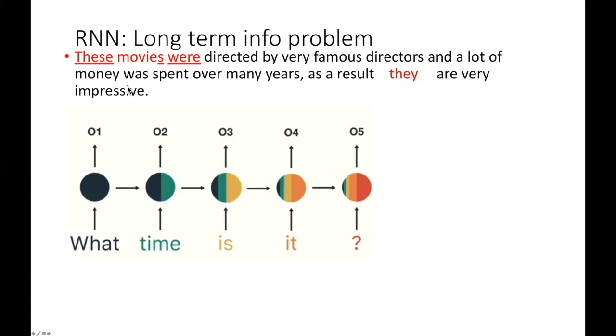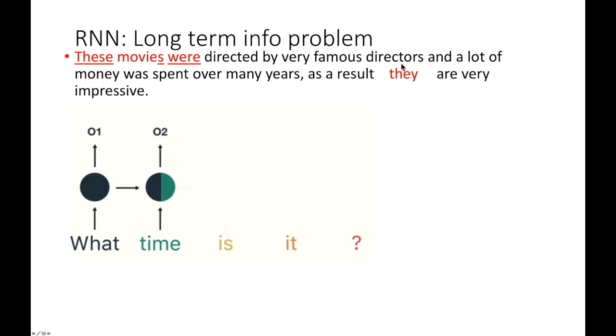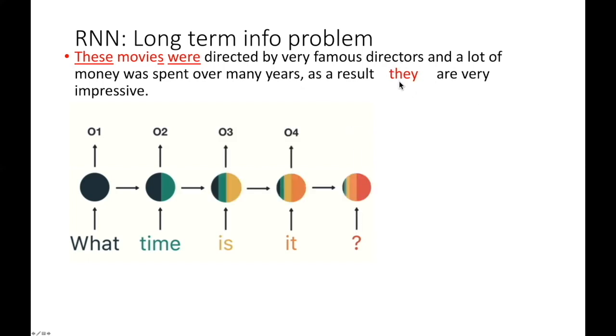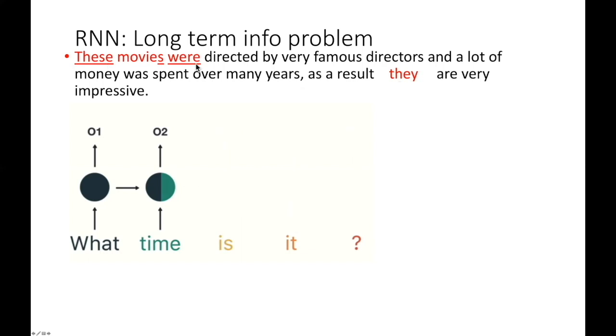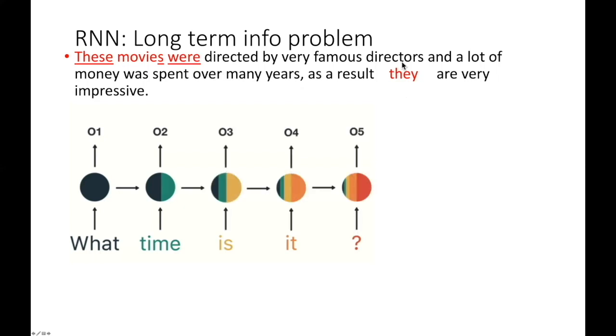Like here, there is a sentence, right? These movies were directed by very famous directors and a lot of money was spent over many years. As a result, they are very impressive. Now, what does this they refer to? They could refer to these movies, or they could refer to famous directors. Now, since we have a good long-term memory, what we are able to determine is that they refers to these movies here.